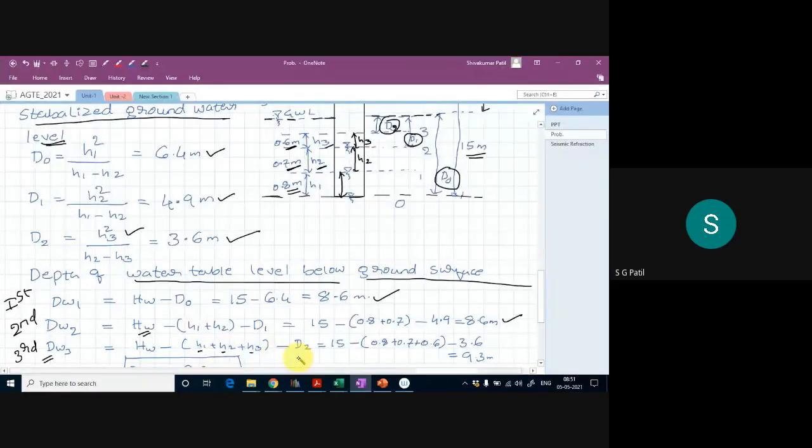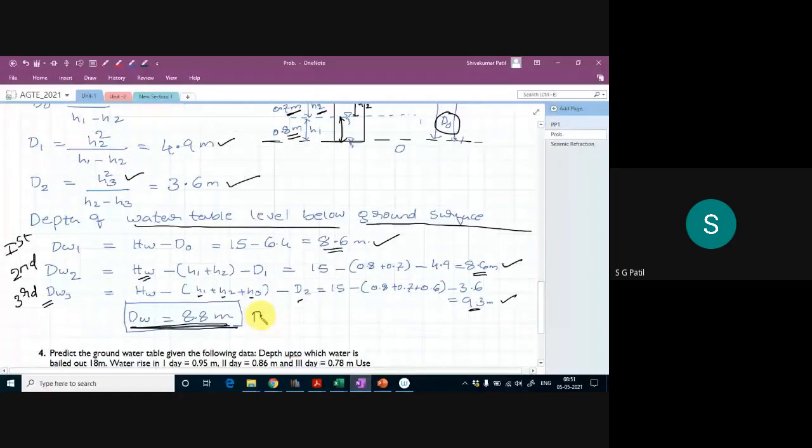First day H1 I observed, second day H2 I observed, minus D1. This D1 will give me the depth of water, second observation, of the water table from the ground level.